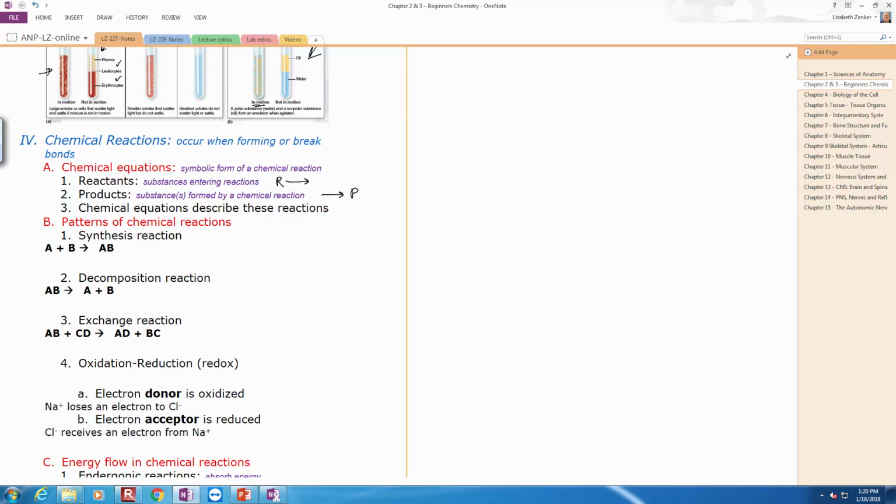So typically a reactant can either be broken down into a product or products, or you might have more than one reactant coming together to form one product. You might have one reactant getting broken down into two products. So now we're going to look at different patterns of what could happen with reactions. But a chemical equation basically describes these reactions.